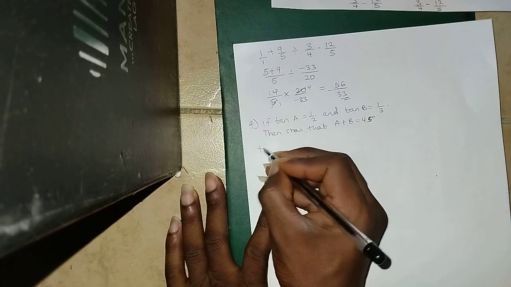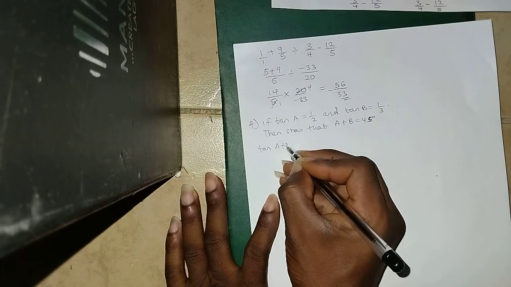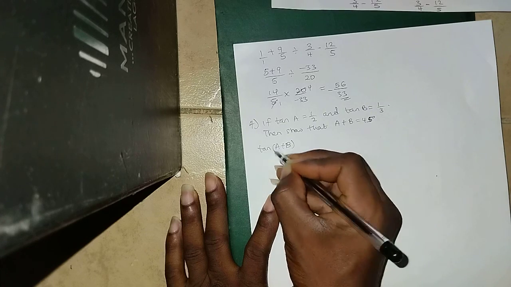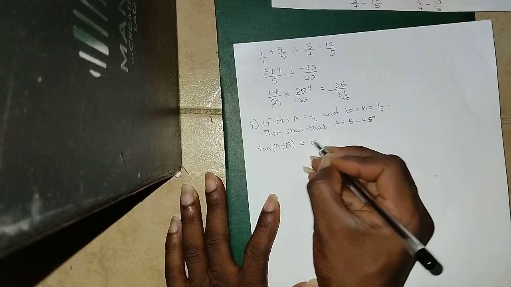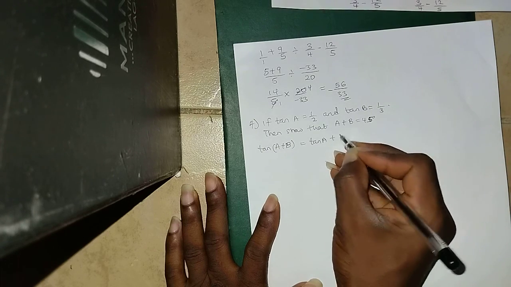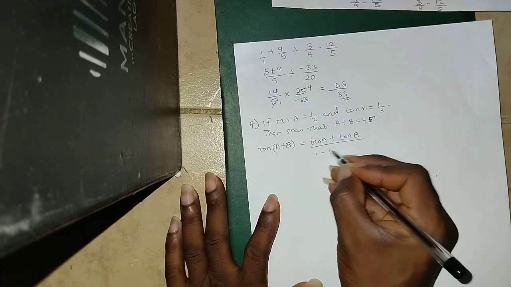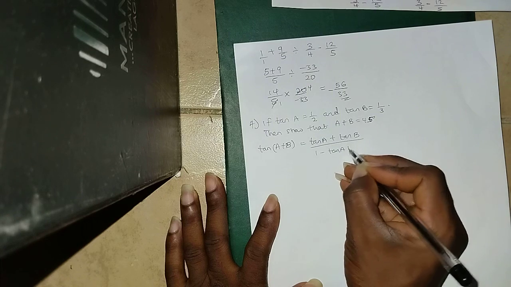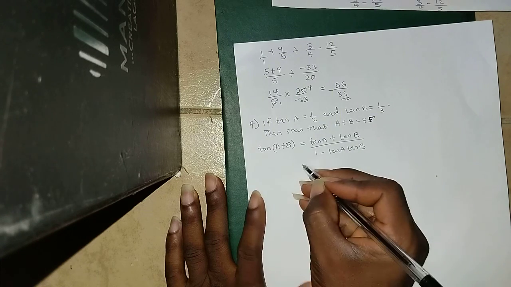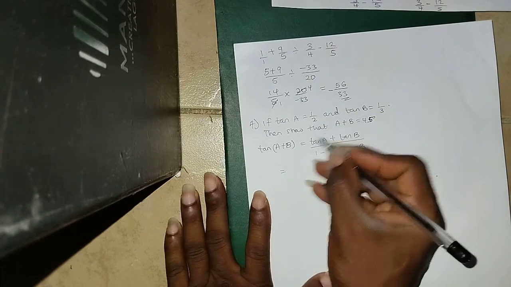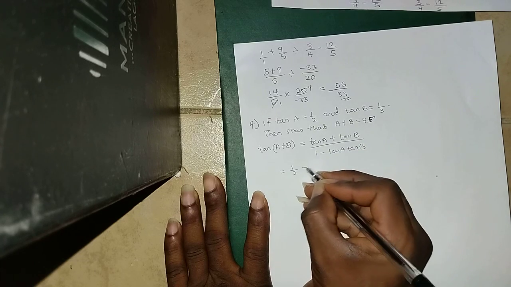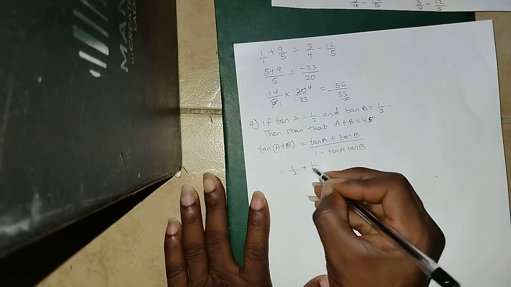So I know that my tan(A plus B) will be equal to tan A plus tan B all over 1 minus tan A tan B. So what's my tan A? 1 over 2. And what's my tan B? 1 over 3.